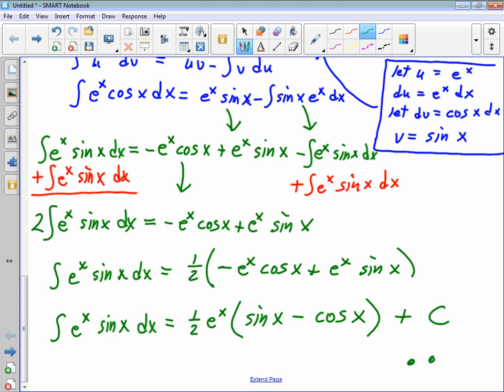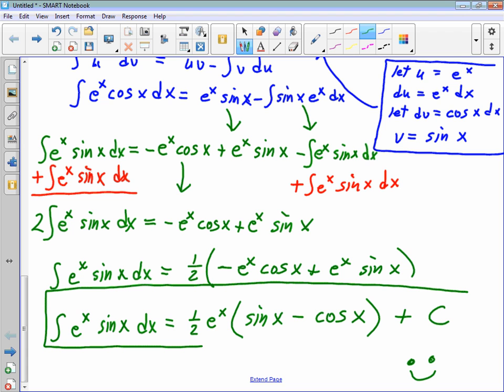Isn't that the coolest thing you've ever seen in your life? Put a box around your answer and feel happy because you are amazing mathematicians.